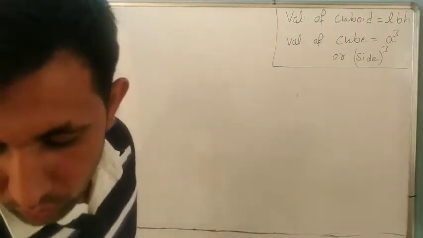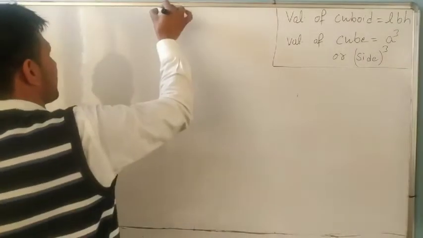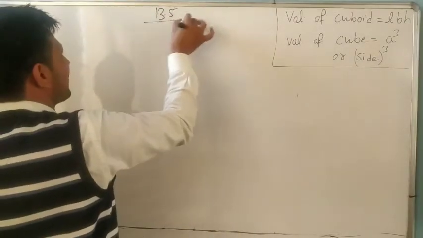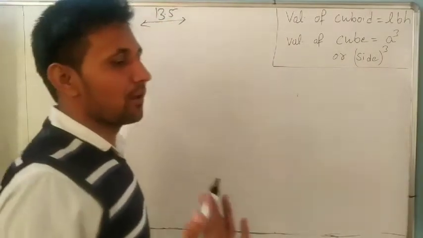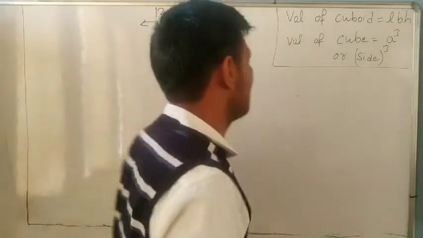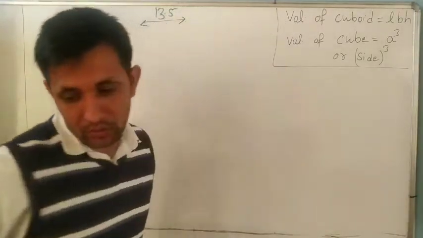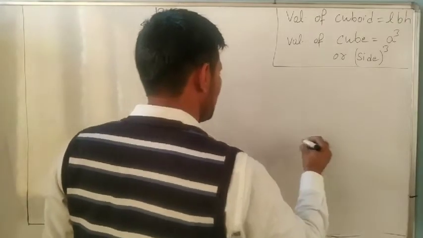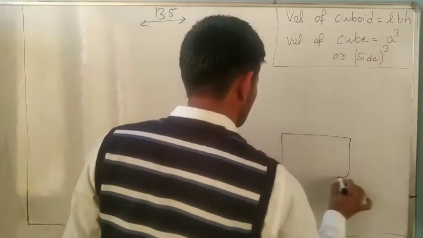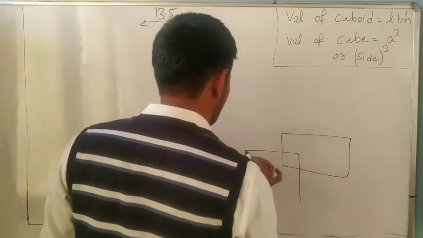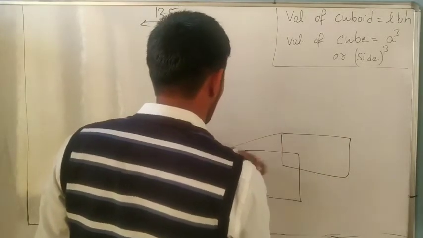In question number 2, a cuboidal water tank. Many times we have seen a tank is always cuboidal. Cuboidal means cuboid, like this one, it is a tank for holding water.